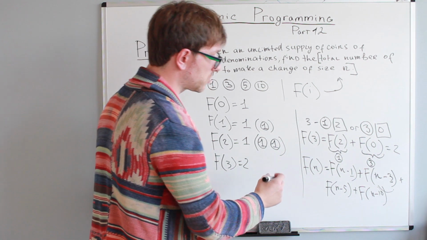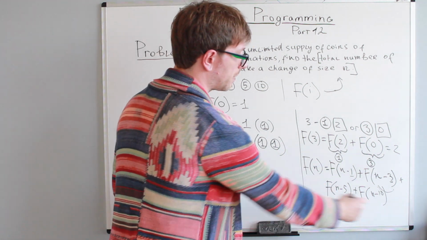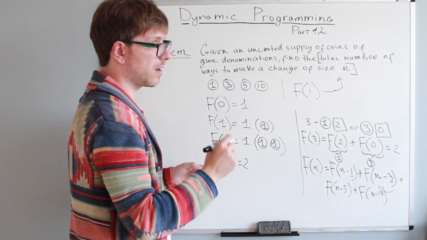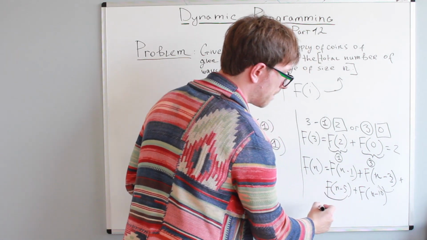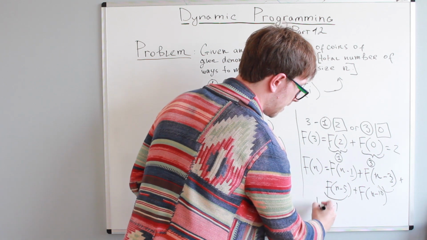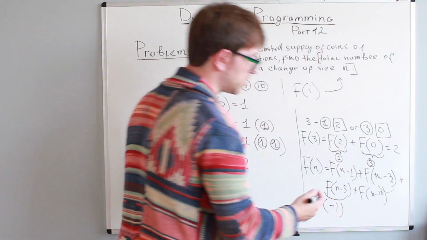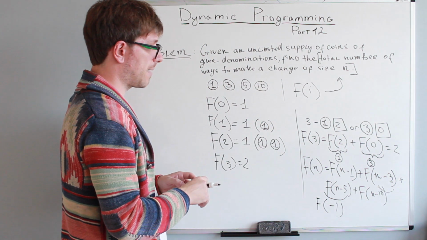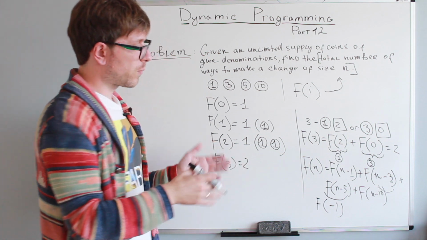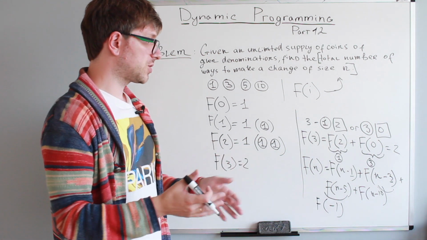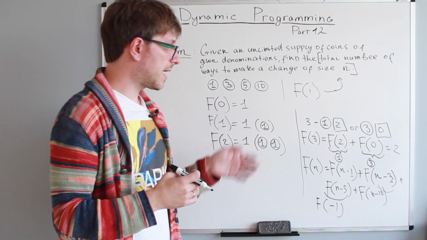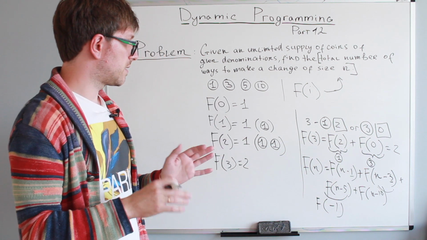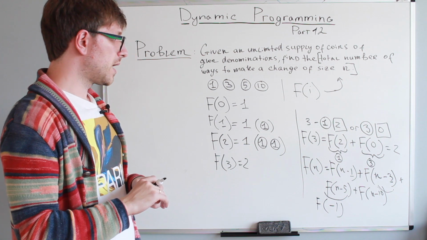If I applied this function for f of 4, then this guy would end up being f of -1, which is something we don't want to happen. So when you write code for this, we just have to add some if statements, like if i greater than 5, if i greater than 10, and so on.